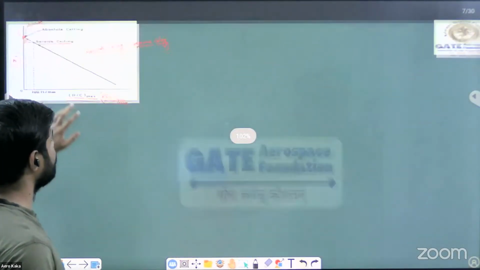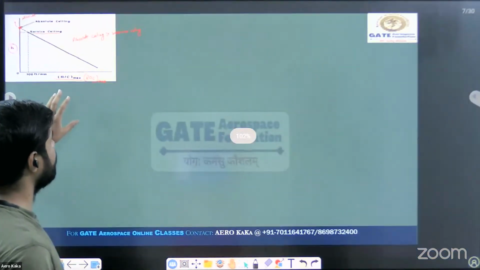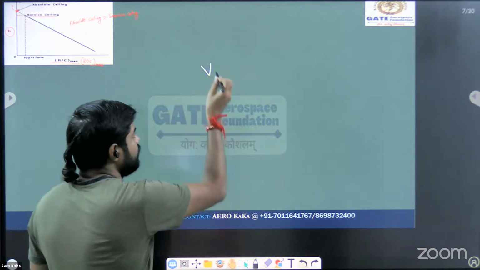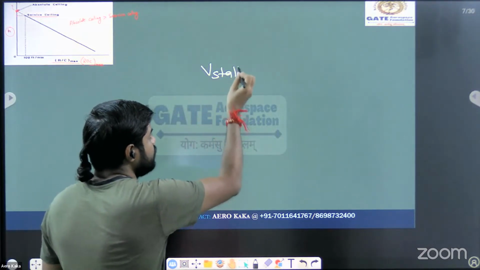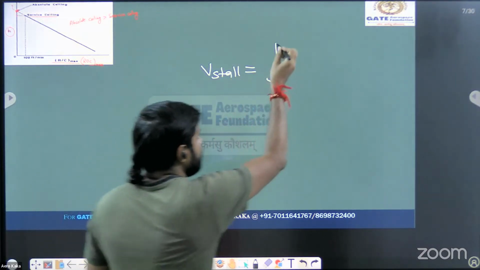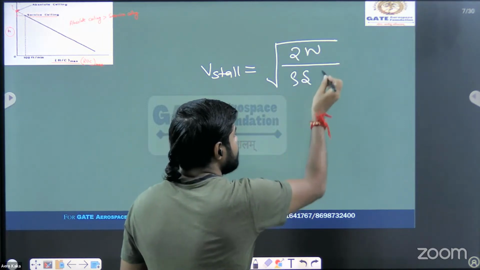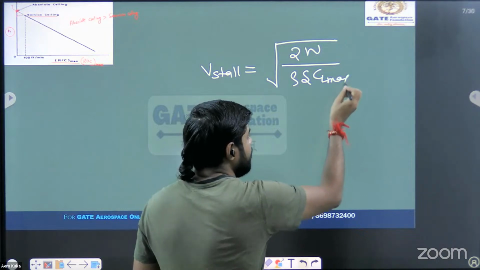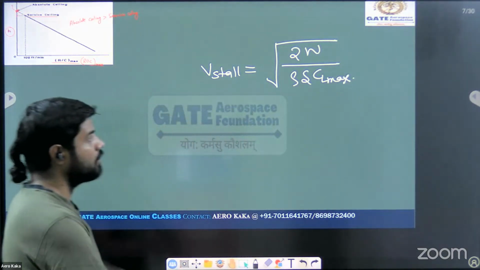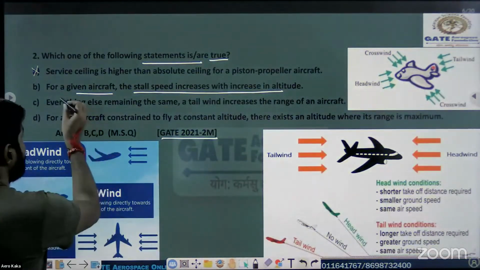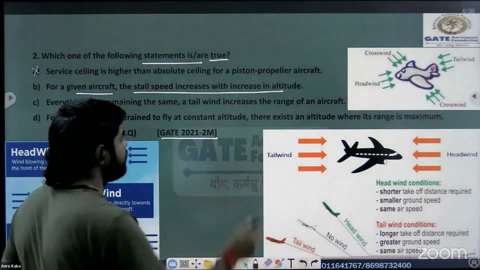The minimum speed at which an airplane can sustain cruise flight. If you write this formula, V stall equals root of 2W divided by rho S CL max, right? Clear?